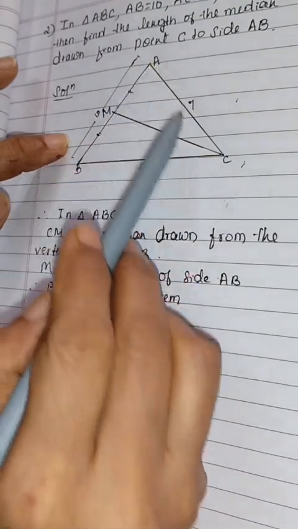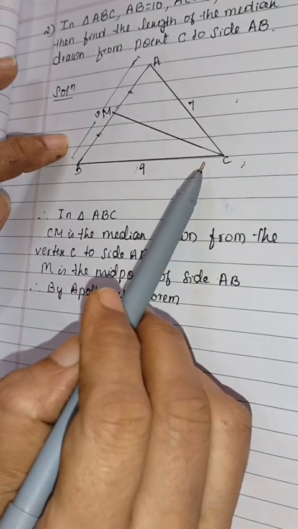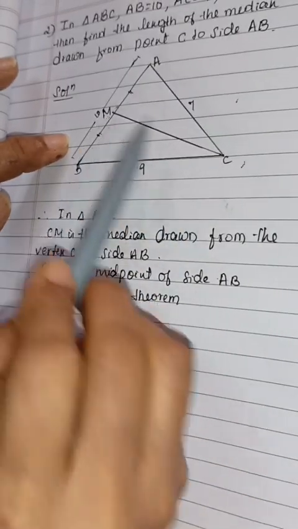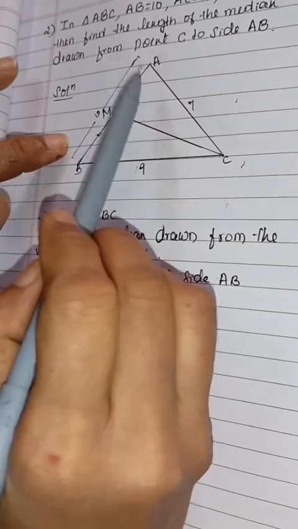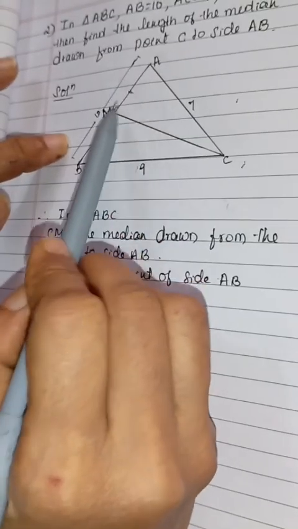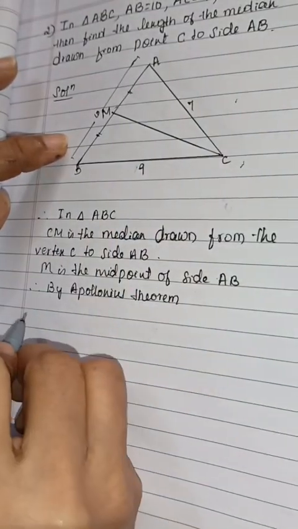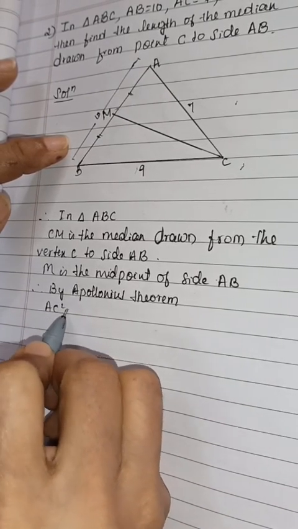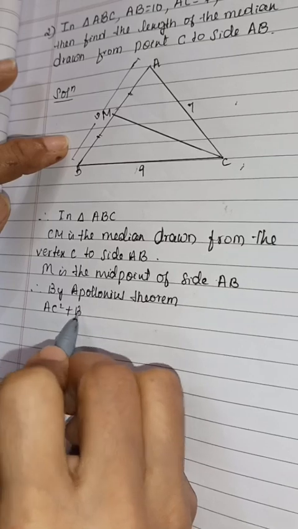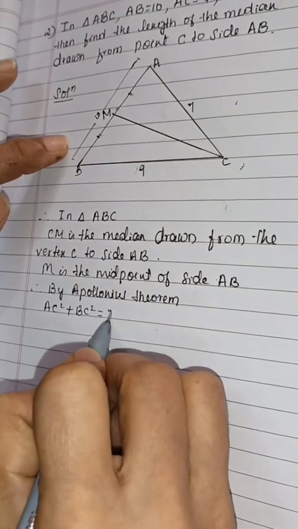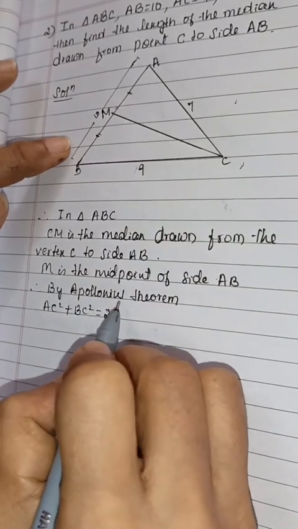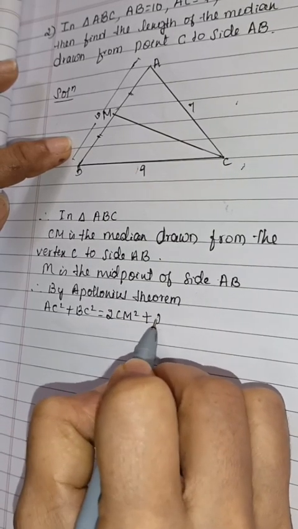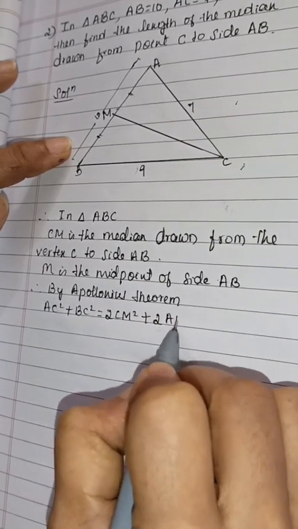AC square plus BC square equal to 2 CM square plus 2 AM square. Therefore by Apollonius theorem, AC square plus BC square equal to 2 CM square plus 2 AM square.